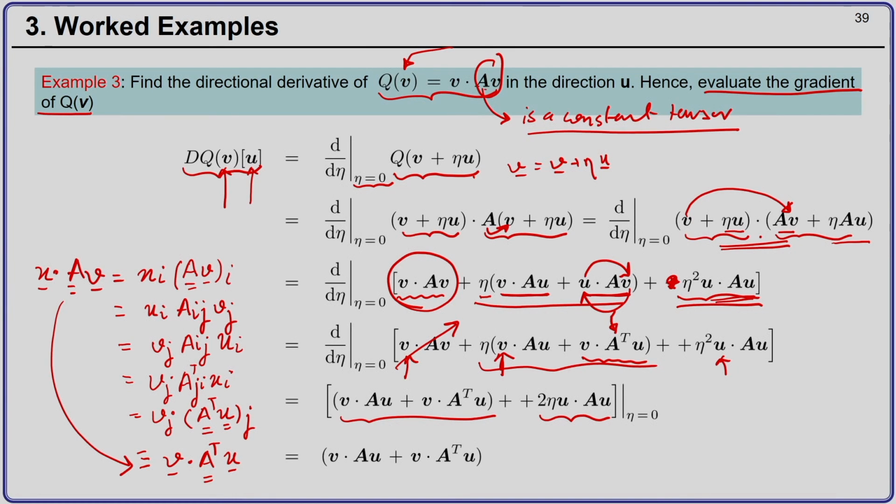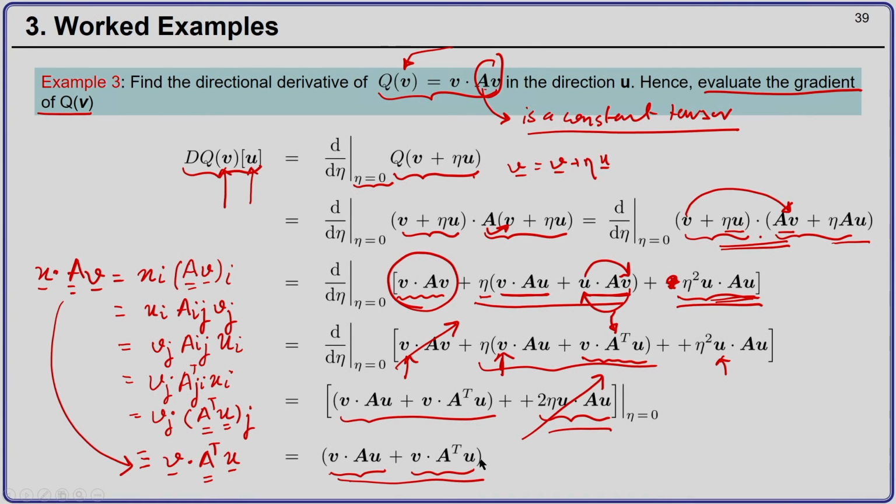Then we substitute eta equal to 0, which means the last term goes to 0, and we are left with v dot A u plus v dot A transpose u. So, if you change v to v plus eta u, the change in q will be v dot A u plus v dot A transpose u.